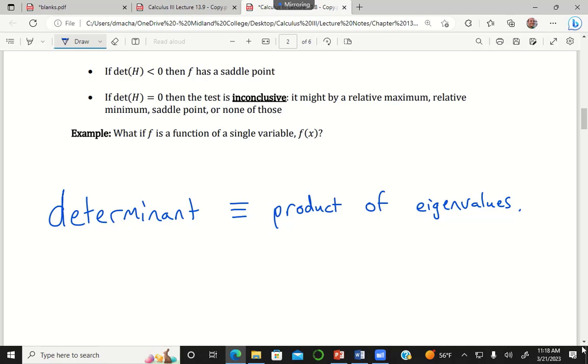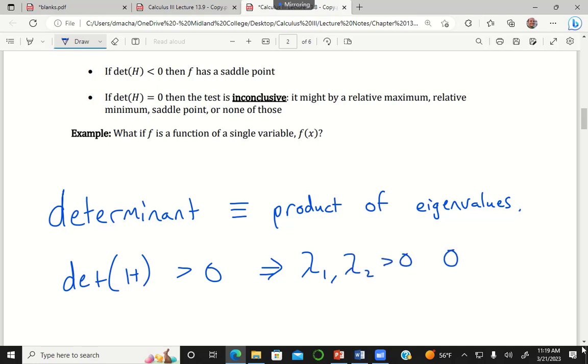So in this case, if the determinant of H is positive, that implies that either lambda 1 and lambda 2 are positive, or that lambda 1 and lambda 2 are negative. If they're both positive, then their product would give you a positive determinant. If they're both negative, then their product would give you a positive determinant.